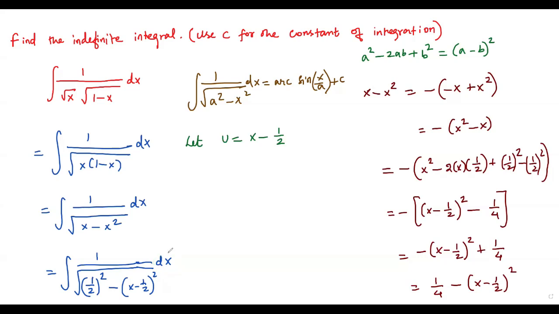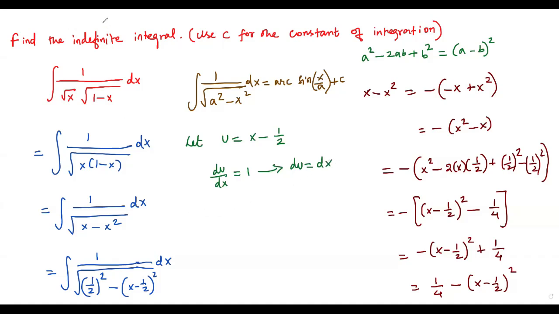To get du, I have to find the derivative on both sides of this equation with respect to x. When I find the derivative of u with respect to x, I get du over dx. The derivative of x with respect to x is 1, and the derivative of negative 1/2 is 0. Multiplying both sides by dx, I get du equals dx.